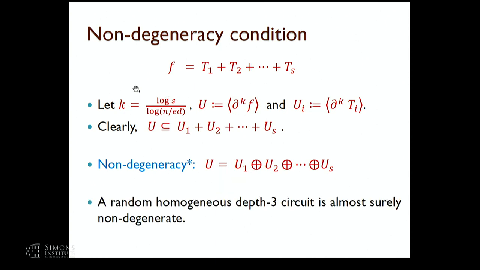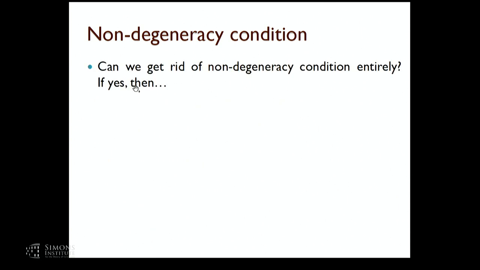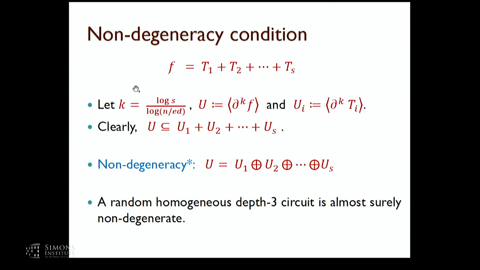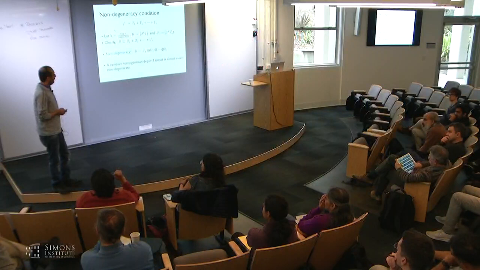One can show that a random homogeneous depth-four circuit is almost surely non-degenerate in this particular sense. Is there some monotonicity in this non-degeneracy, that if this equality holds for some k, does it hold for other k's? Smaller, larger? Larger.